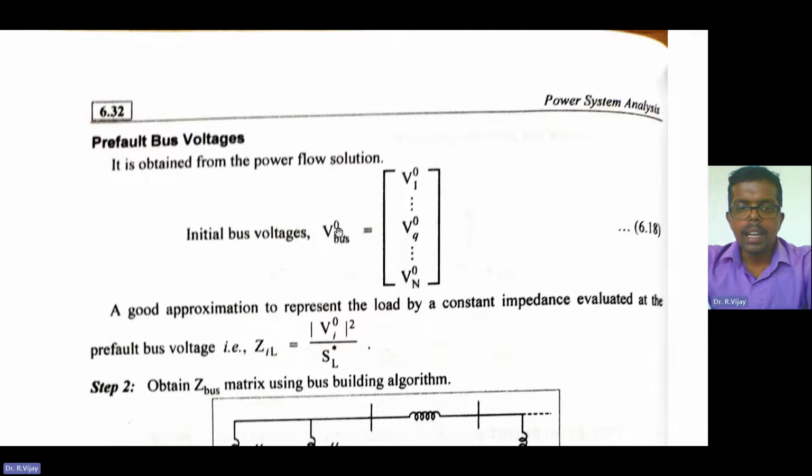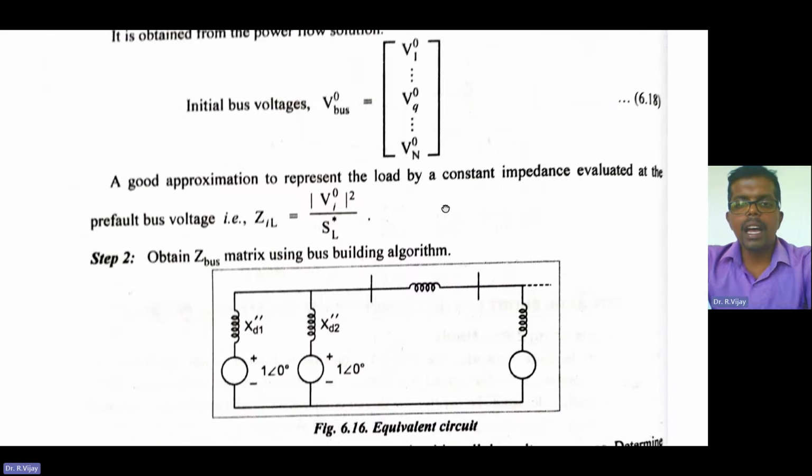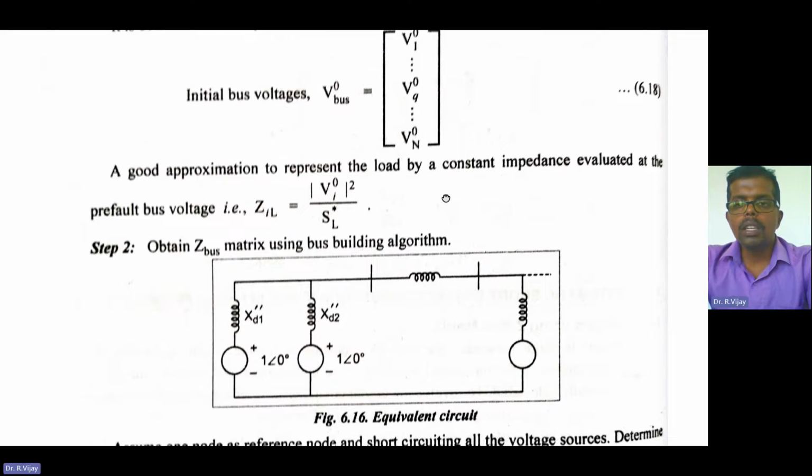A good approximation is to represent the load by a constant impedance evaluated at the pre-fault bus voltage. That is ZIL. ZIL is equal to VI naught the whole squared divided by SL star, where SL star is the conjugate of the apparent power, so the phase angle is negative.